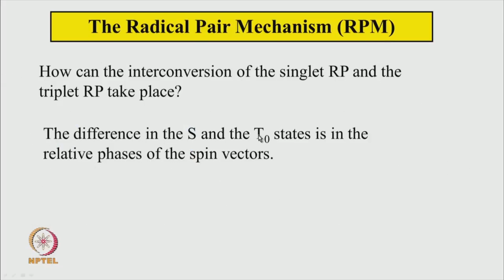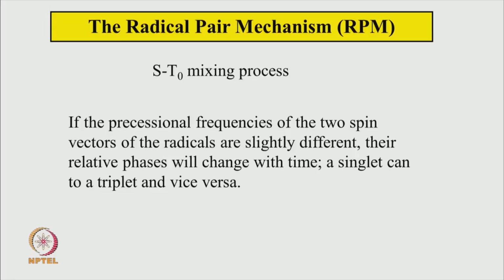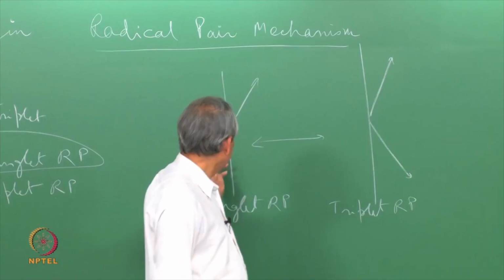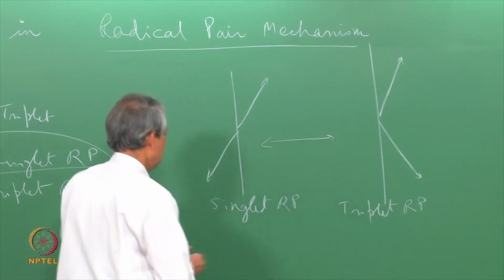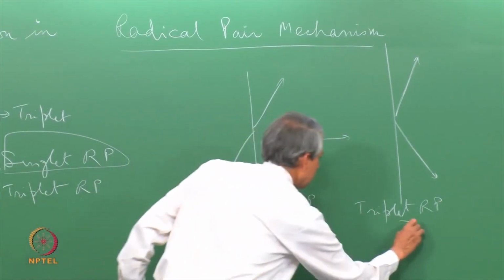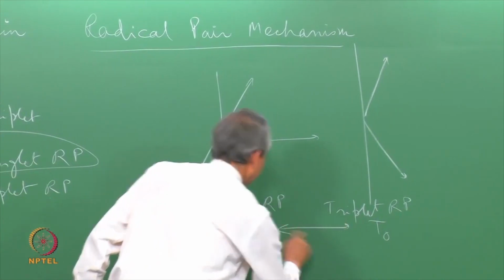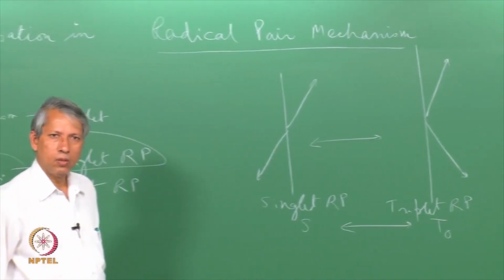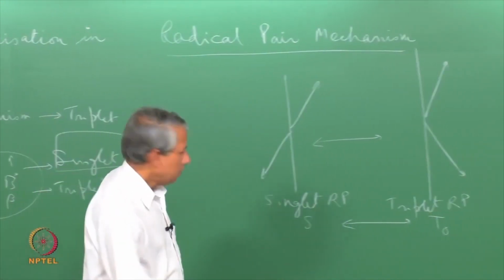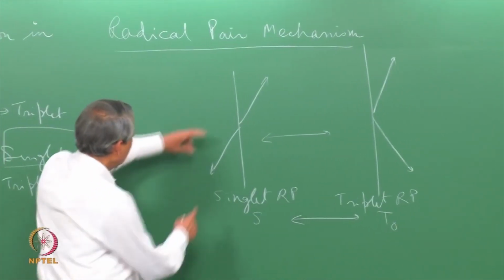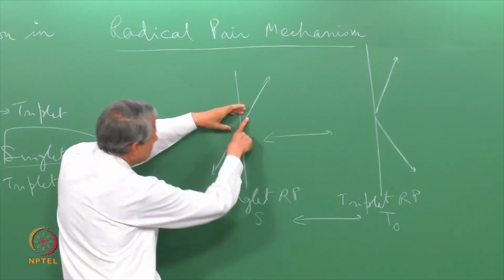The difference in the S and T0 states is in the relative phases of the spin vectors. So, we see if such an interconversion between S and T0 is possible or not. What is necessary for that conversion to take place? All that is necessary is that this phase should change to this.